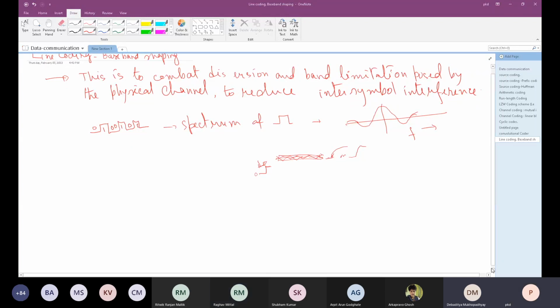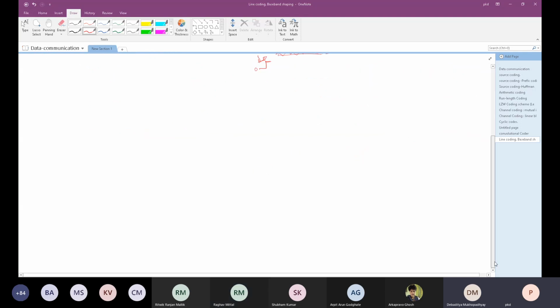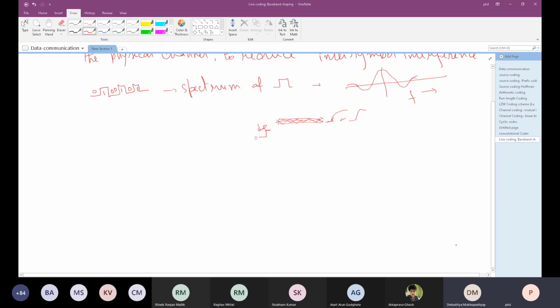There are several means to reduce this effect, such that the detection of the two states, 0 and 1, becomes easier.